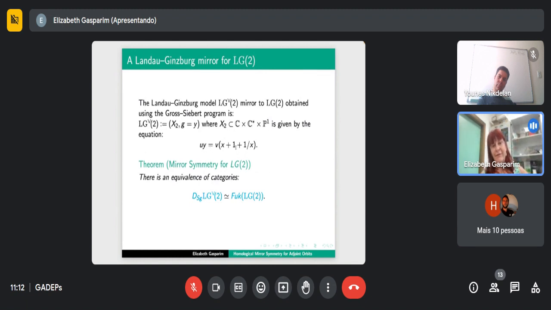So here's the equation that I find, after asking Mark Gross to tell me how to compute instead of reading also many papers, that the Gross-Siebert intrinsic mirror symmetry program would then produce. So for this variety with potential just y, I calculate this category of singularities, and it turns out to be equivalent. So this does give a mirror in this sense.